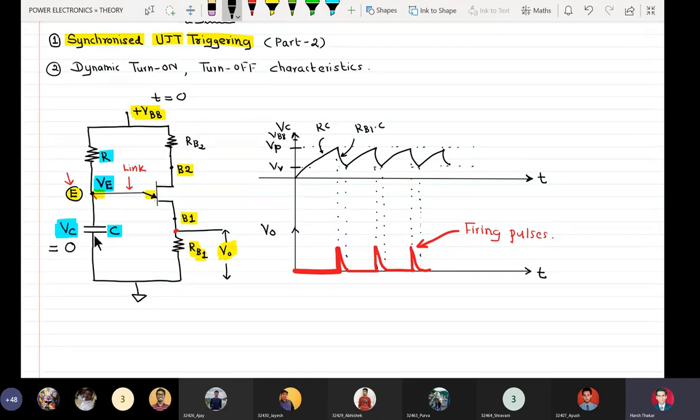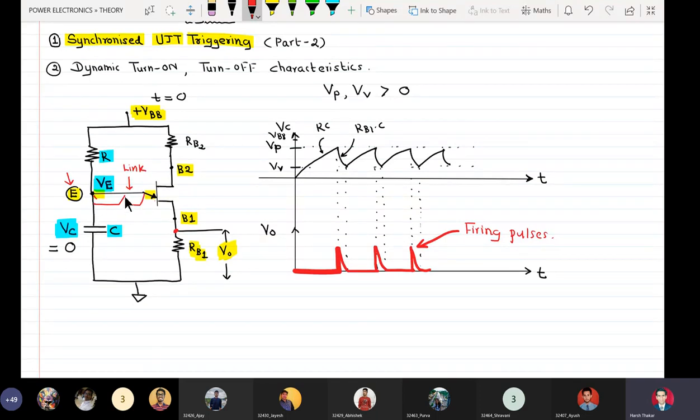Because VE is equal to VC, and the two critical values, the peak point voltage and valley point voltage, are both greater than 0, when the circuit starts at t equal to 0 the capacitor is completely discharged, so VC equal to 0, VE is less than VV, and this link acts as an open circuit. So this is basically open.